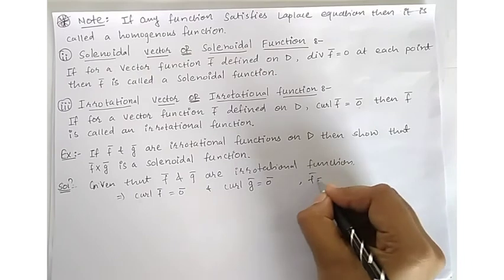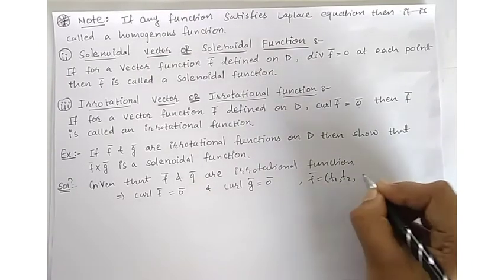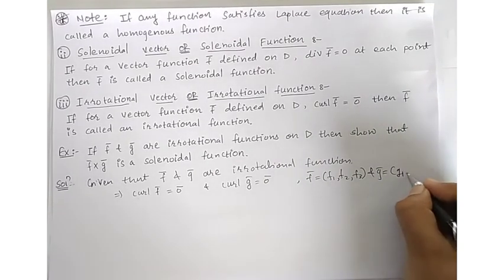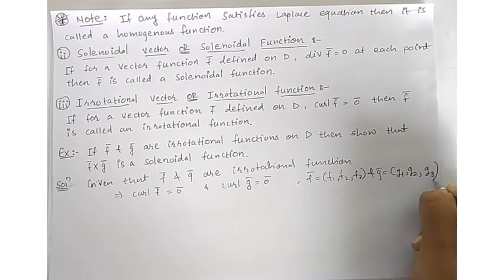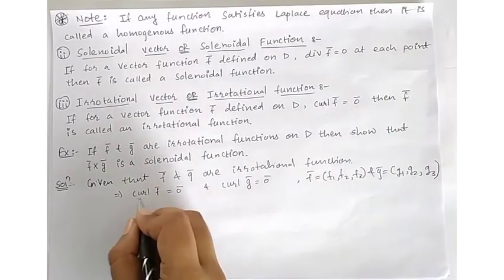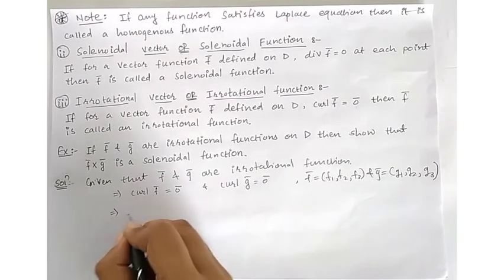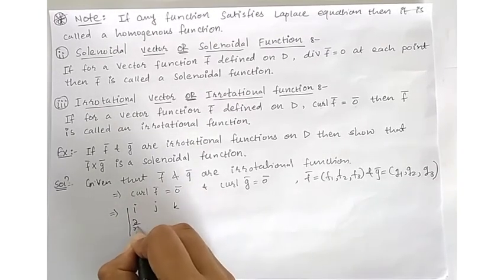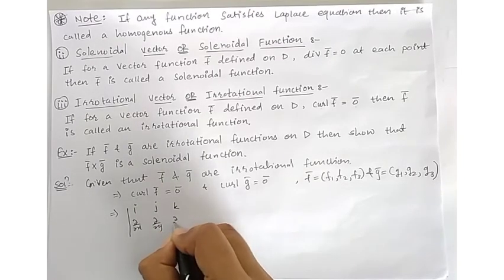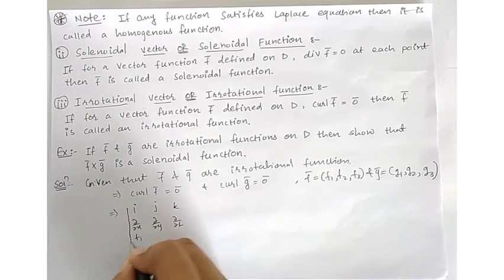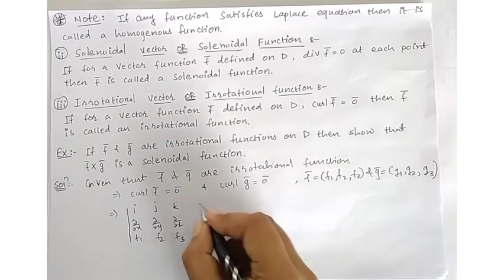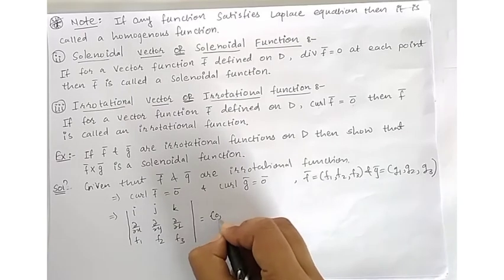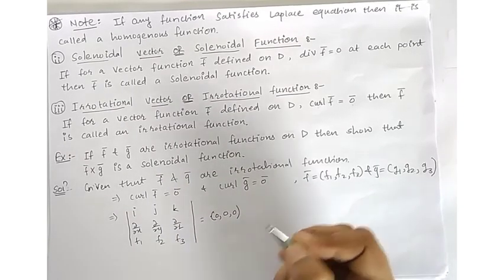Here f bar is f1, f2, f3, and g bar is g1, g2, g3. Using this, it implies the determinant of i, j, k, del by del x, del by del y, del by del z, and f1, f2, f3 is equal to the 0 vector, which you can write as 0, 0, 0.